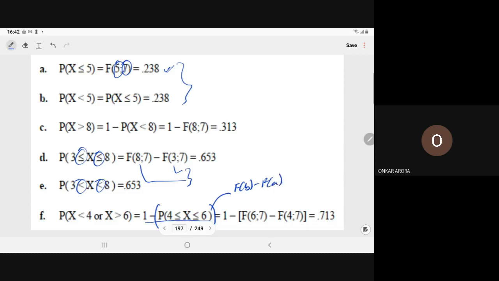So that is F(6) minus F(4) for alpha equal to 7. Right. So generally, if you write it here, then there is no chance of mistake. For what values of alpha, we have to see the table, because there we have the CDF for various values of alpha. So you have to take care for what value of alpha you are seeing the table. So the required probability will come to 0.713.